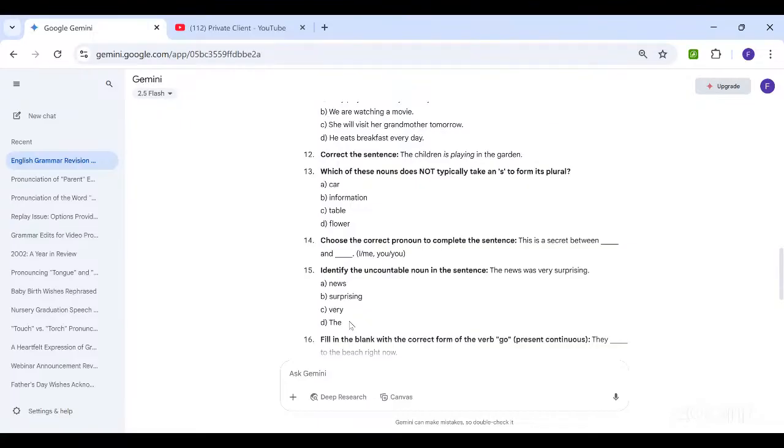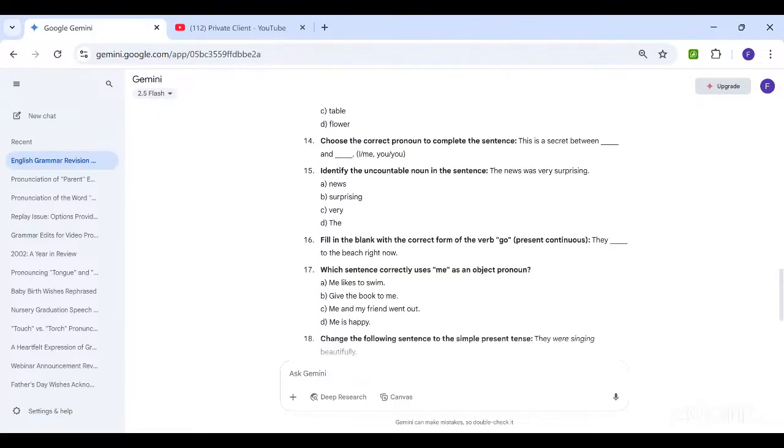Okay, number 16. Fill in the blank with the correct form of verb. Go. They dash the beach right now. You're asked to change the form of verb go to its present continuous.